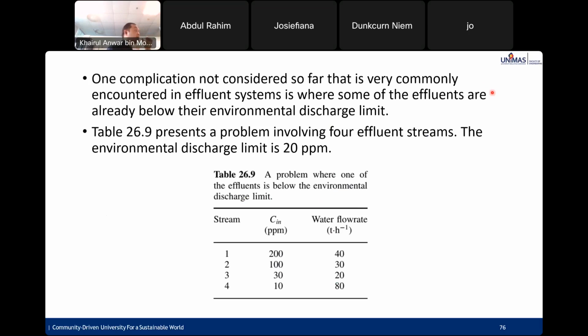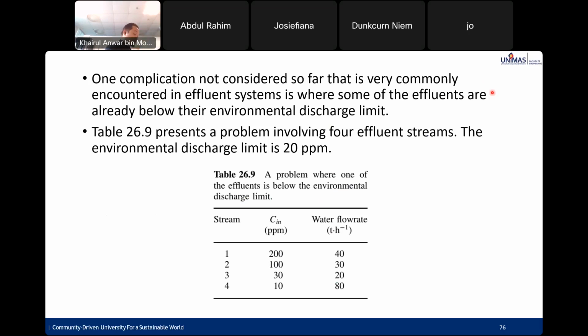The example is regarding the table, and for this we use table 26.9.